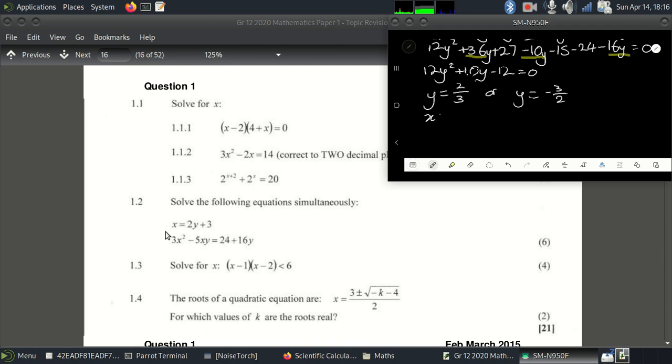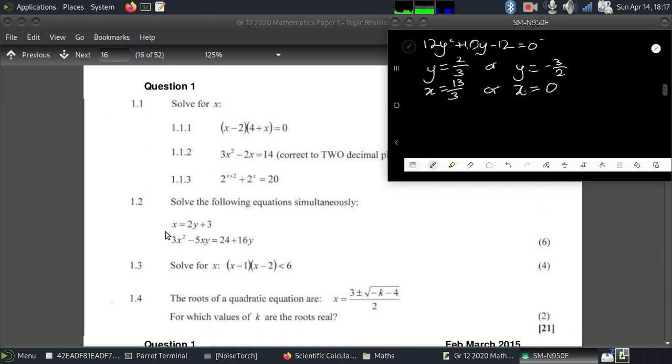So I'll get x is equal to 13/3. Or, and then the other one, I'll do it with, of course, the value of negative 3/2. With that value I get an x of 0. x is then equal to 0. And then booyah, I have solved for x and y simultaneously. Sounds fair enough, isn't it?